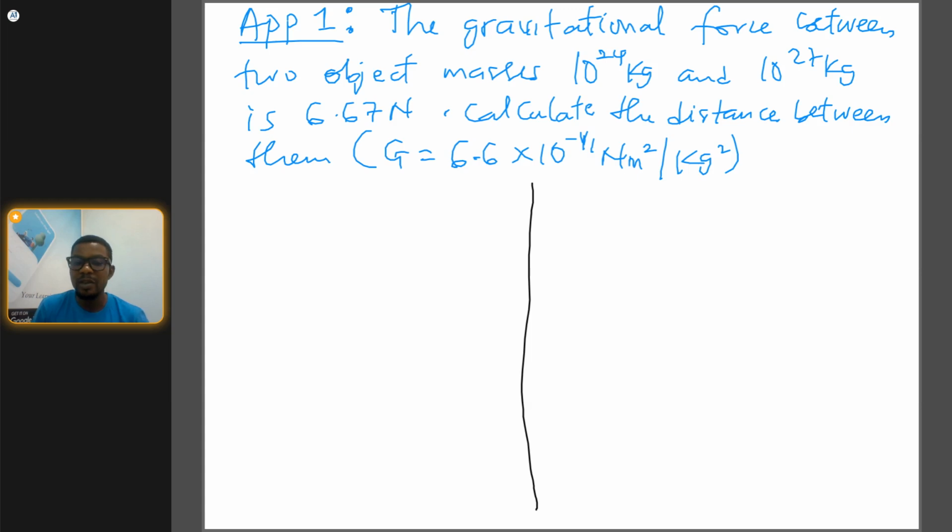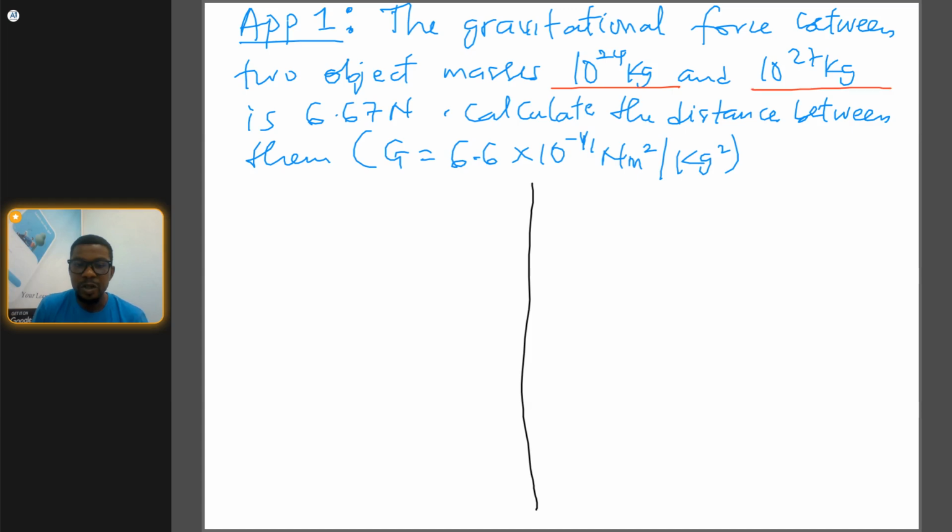One of the hints when you are solving physics is that first understand your question by identifying the parameters. All right. So in the question, we are given masses of the objects. This is the first mass, and this is the second mass.